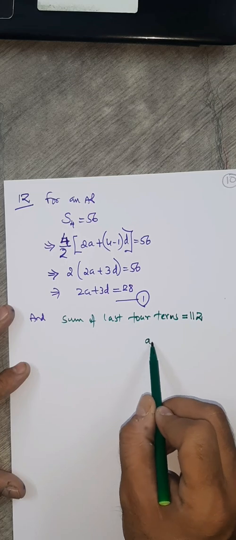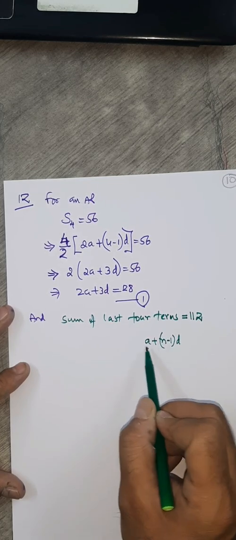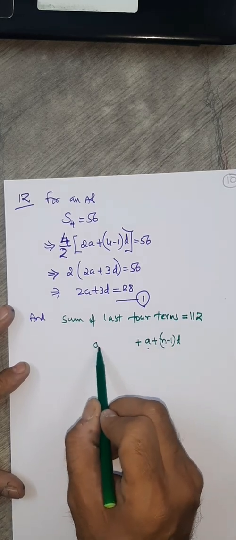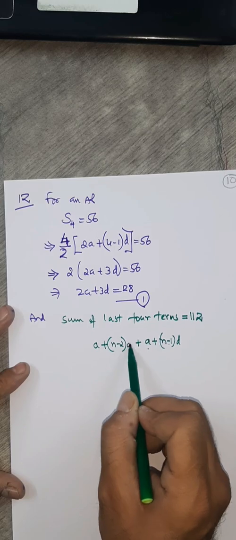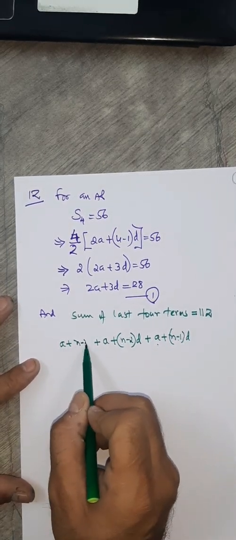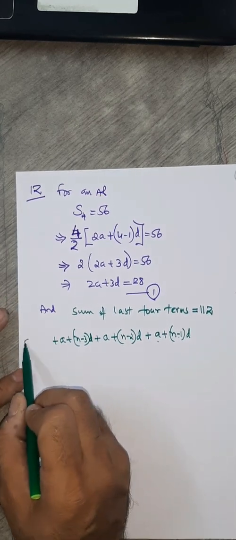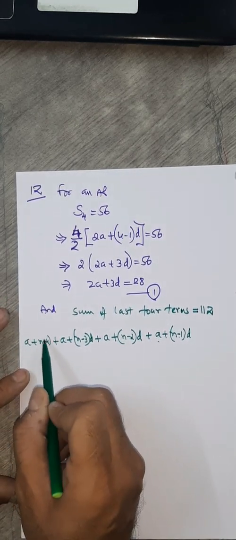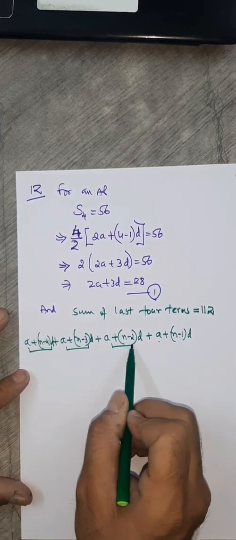The last term we know, that is a plus n minus 1 into d. This is the last term. What's the previous term? a plus n minus 2 into d. What's the previous term? a plus n minus 3, one less, d. What's the previous one? That is a plus n minus 4 into d. 1, 2, 3 and 4.